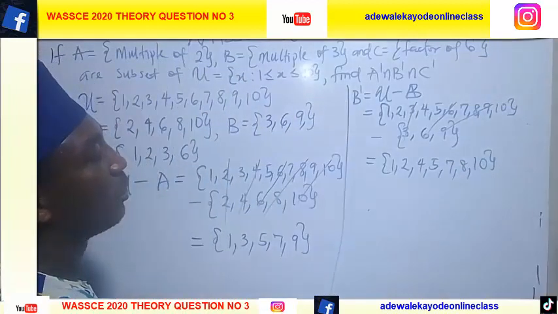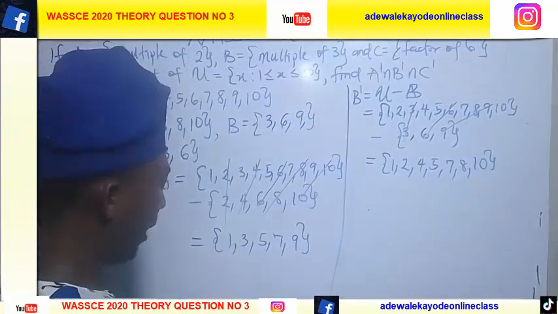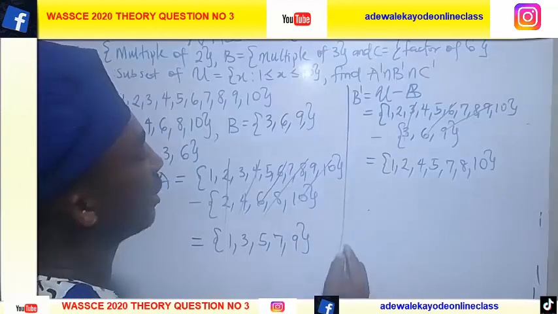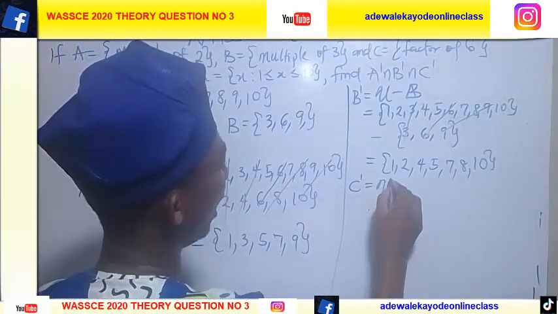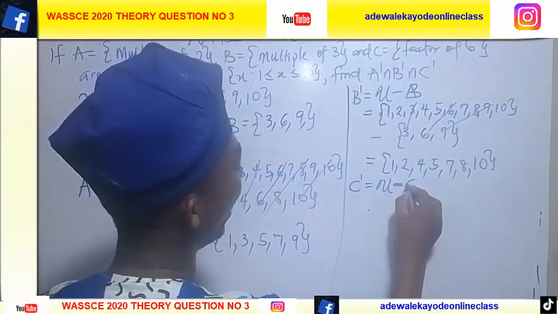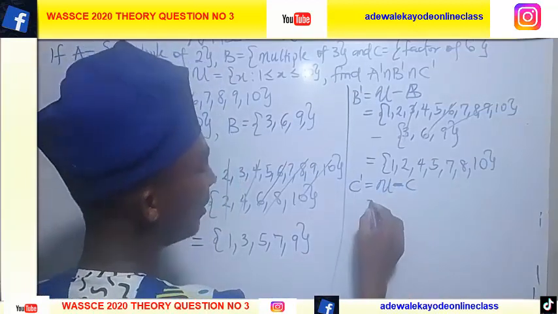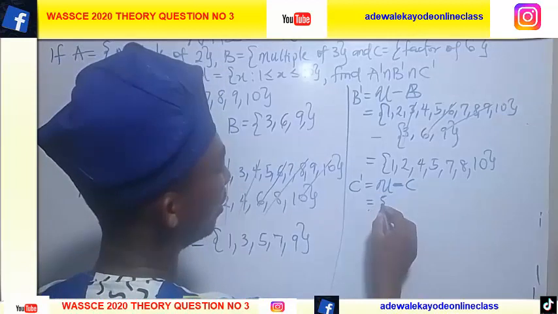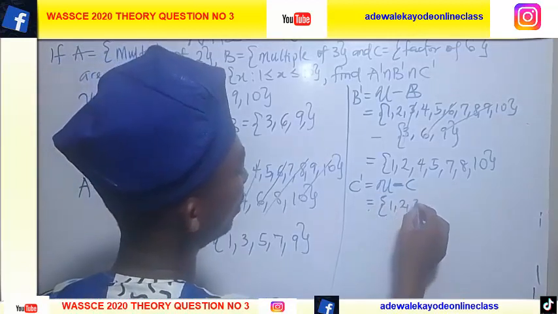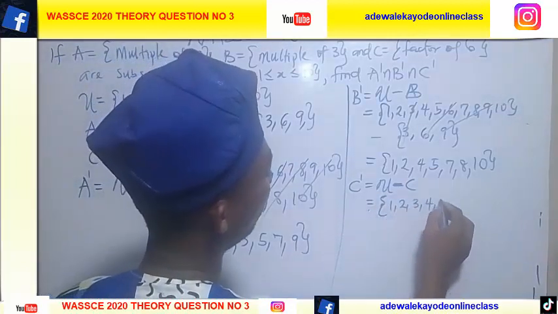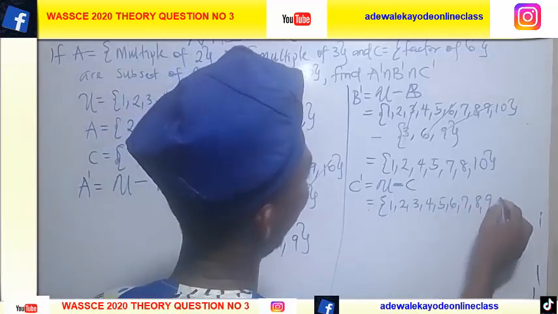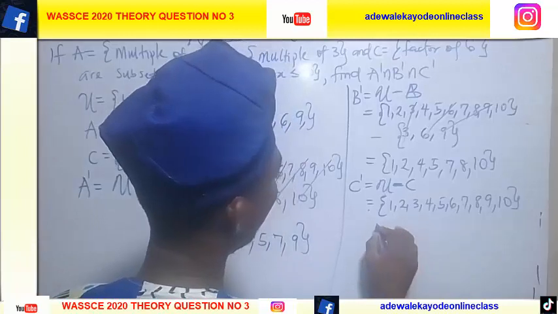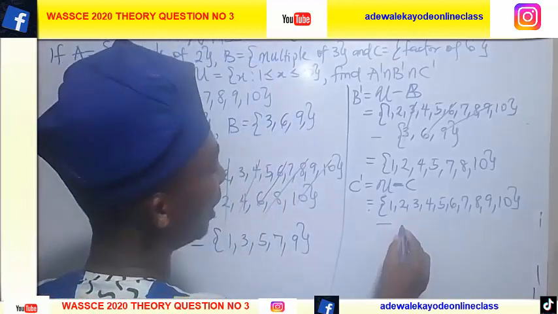Now let's go to C complement. That is our universal set minus set C. So let's pick our universal set again: 1, 2, 3, 4, 5, 6, 7, 8, 9, and 10. Take set C away from that.